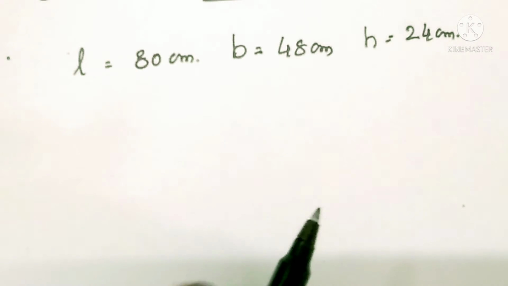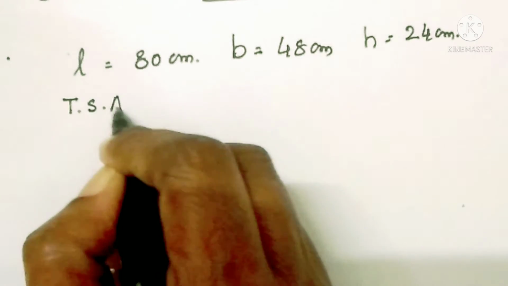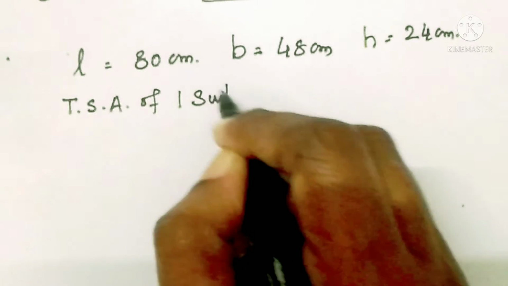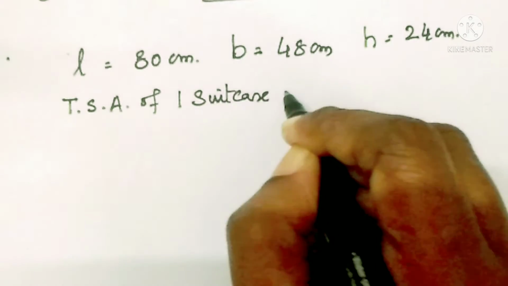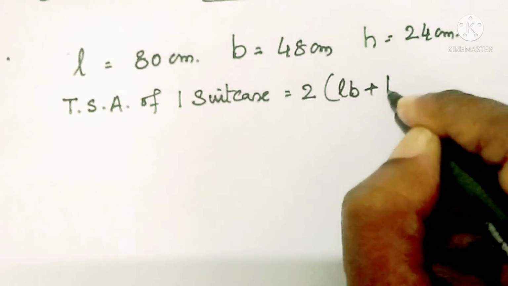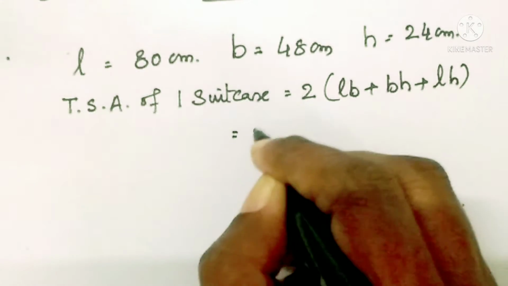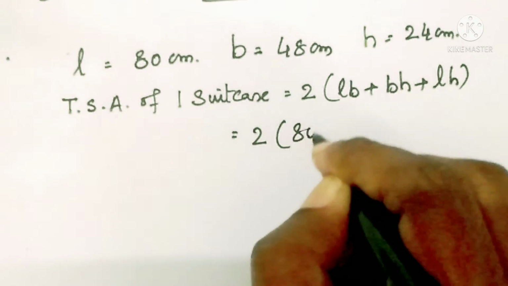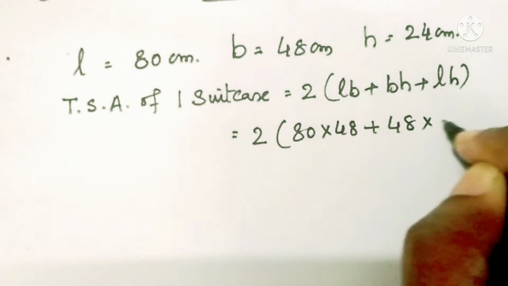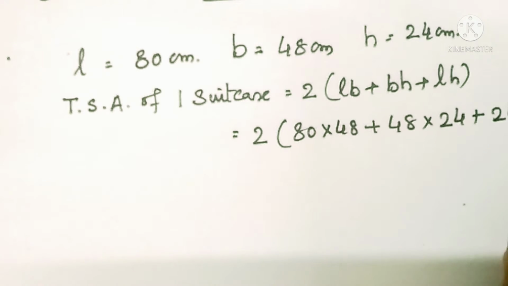Completely to cover means total surface area. So TSA of one suitcase is equal to 2 into (LB plus BH plus LH), that is equal to 2 into (80 into 48 plus 48 into 24 plus 24 into 80).